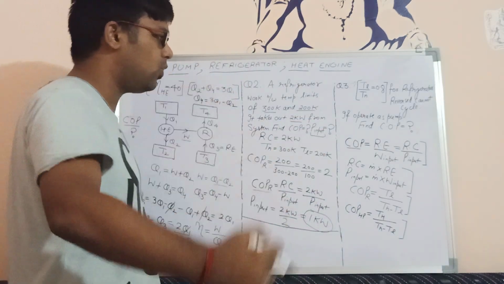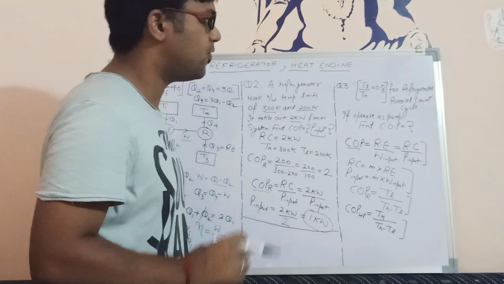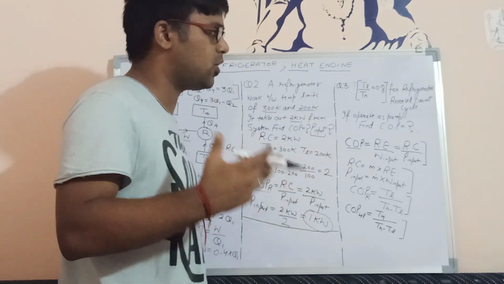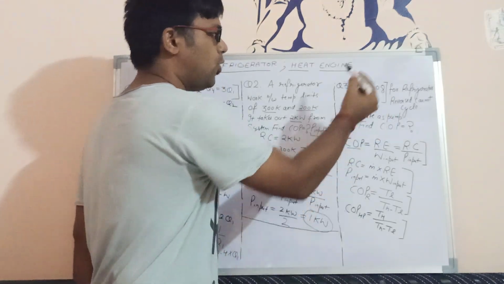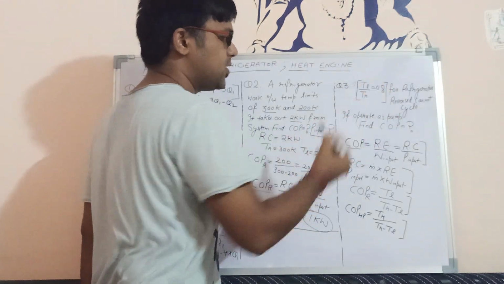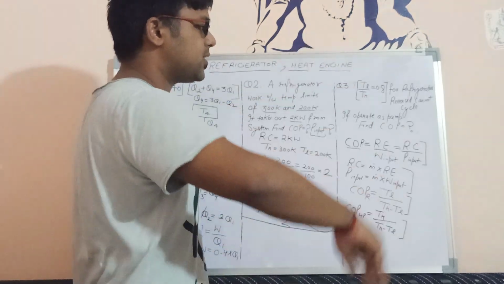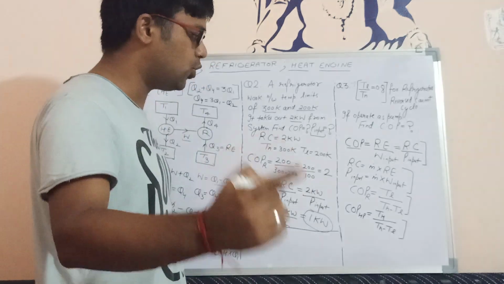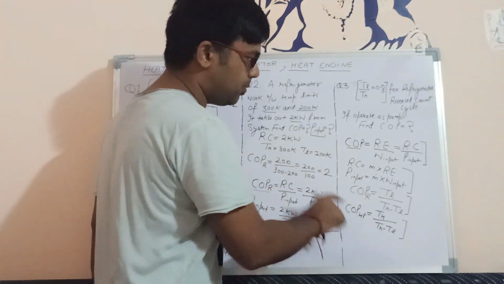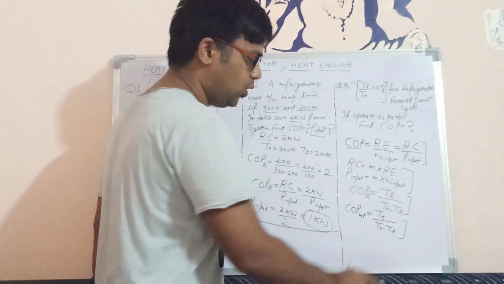Now the third question. We have a refrigerator that works upon a reverse Carnot cycle, in which the ratio of TL upon TH, that is lower temperature upon high temperature, is 0.8. If this system works as a heat pump, what is the COP? As I told you, if it works as a heat pump, the formula will be higher temperature upon higher minus lower.